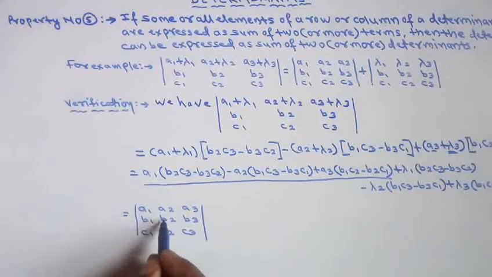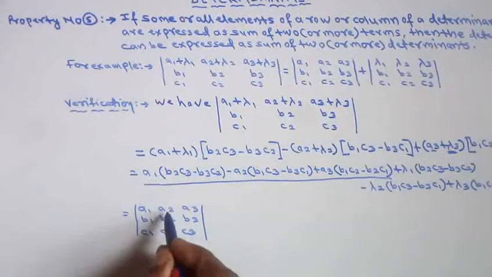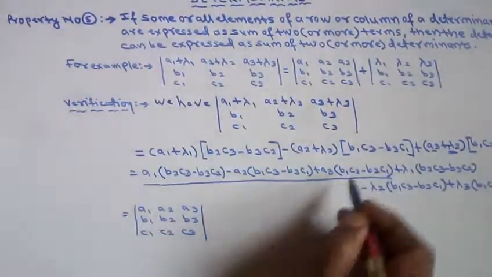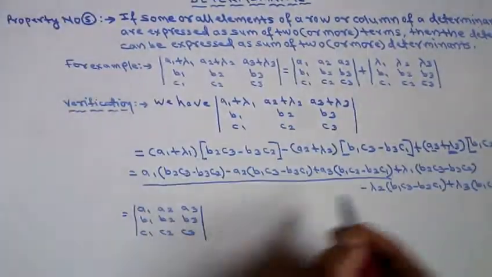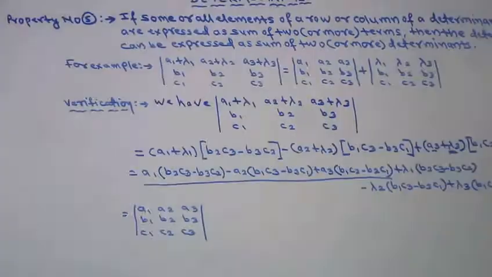See, a1 into b2 c3 minus b3 c2 minus a2 into b1 c3 minus b3 c1 plus a3 into b1 c2 minus b2 c1. Okay.